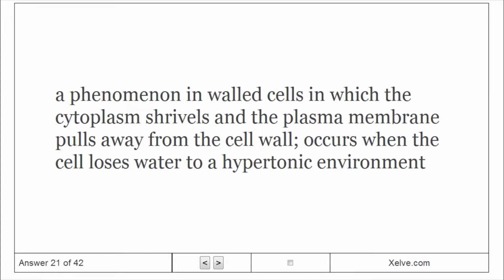Plasmolysis, a phenomenon in walled cells in which the cytoplasm shrivels and the plasma membrane pulls away from the cell wall, occurs when the cell loses water to a hypertonic environment.